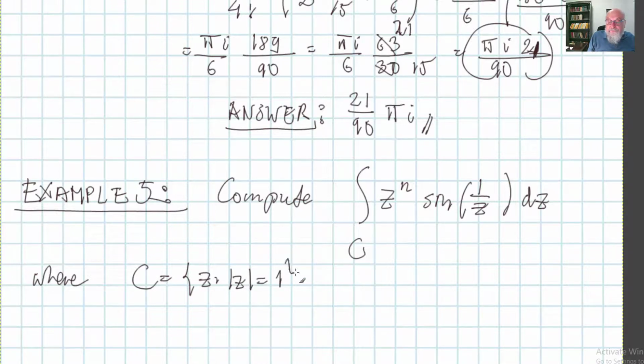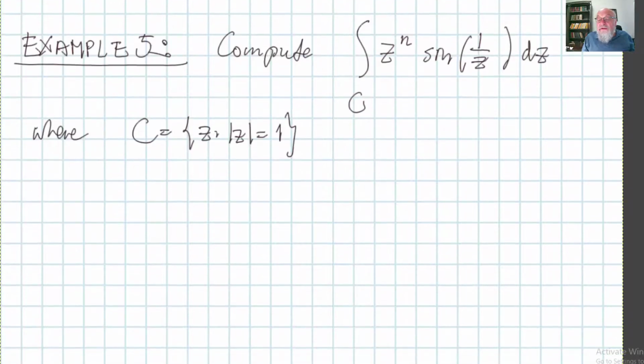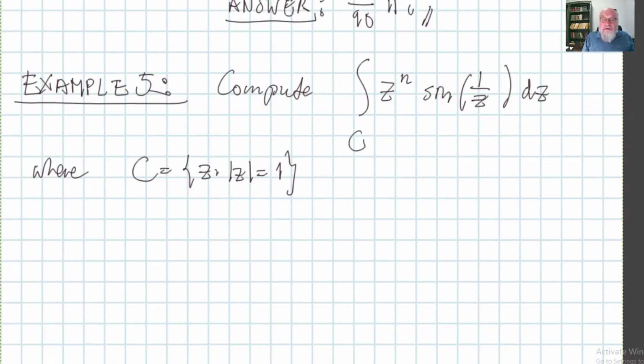So what are the singularities here? You can see that the only singularity is here because this function cannot be evaluated for z0 equals 0.